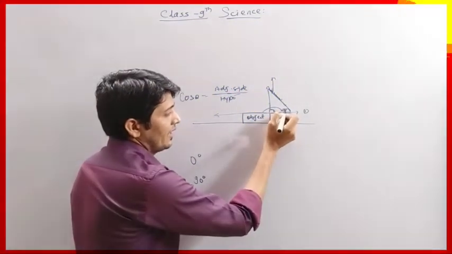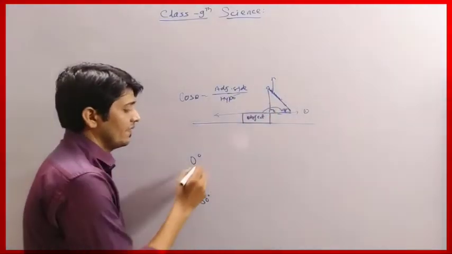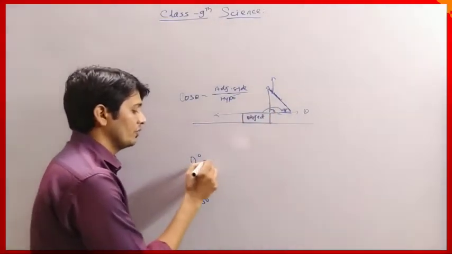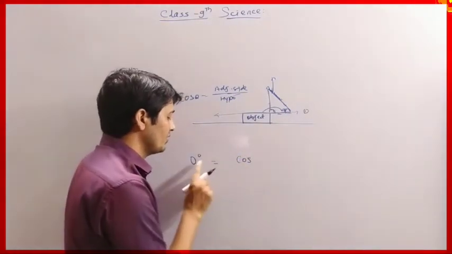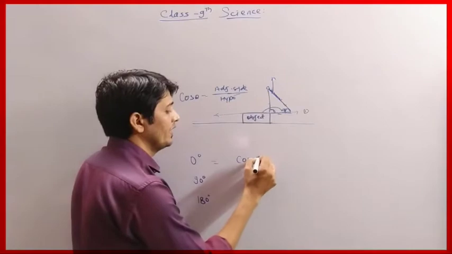If theta is 0 degree, we write cos 0 degree.